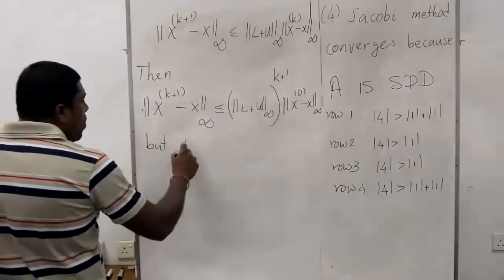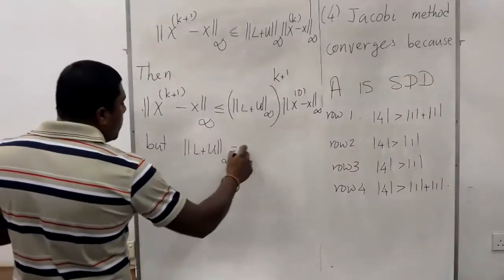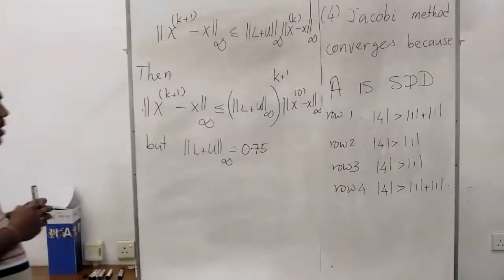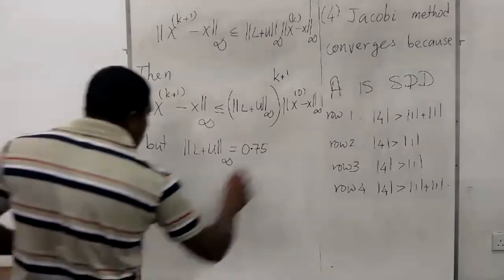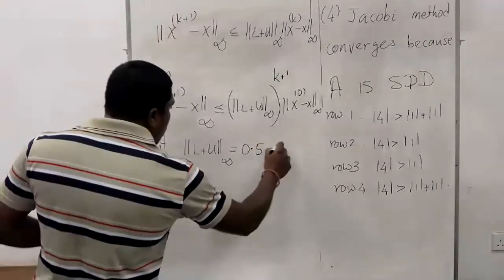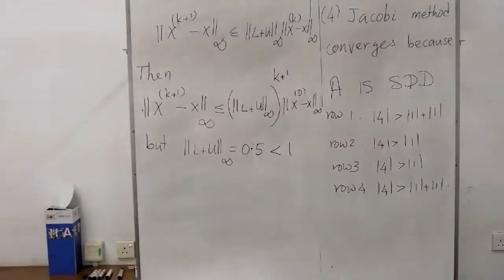But you already know the L plus U infinity norm, we just computed it, and it is 0.5. That is strictly less than 1. Right? 0.5 is obviously strictly less than 1.